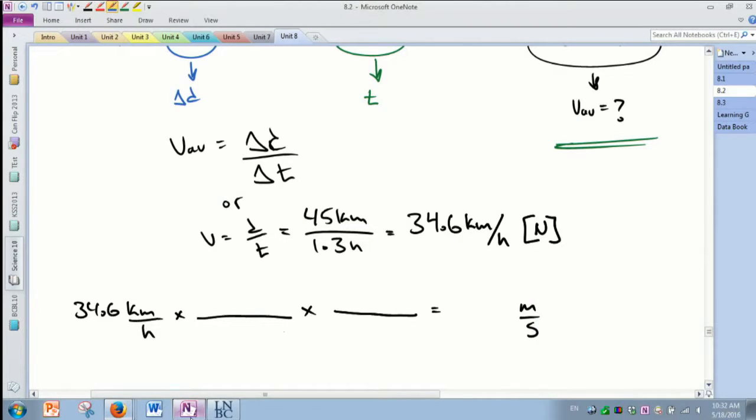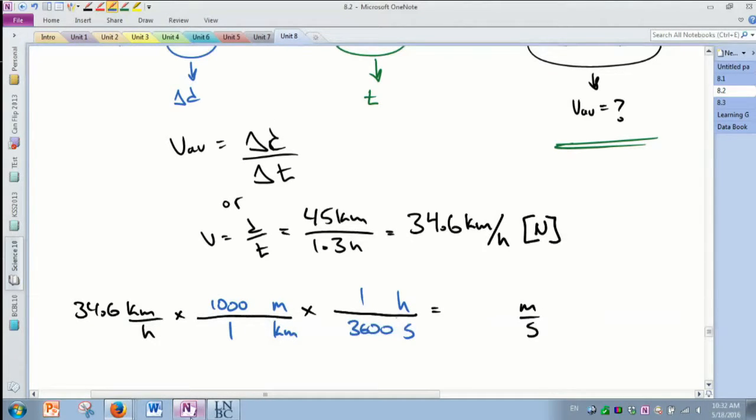I'll put it on the bottom, and I want meters on the top. 1 kilometer is 1,000 meters. I have hours on the bottom, I want to get rid of it, so I'll put it on the top, and I want to end up with seconds. 1 hour is 3,600 seconds.